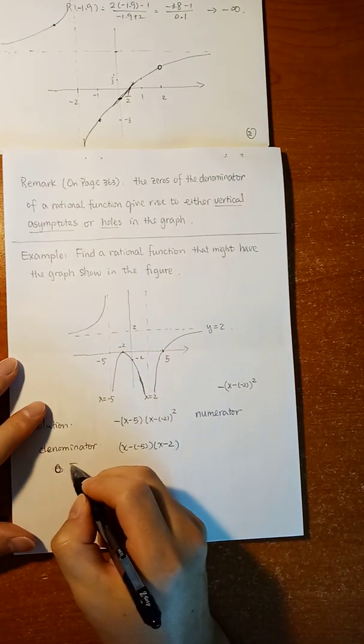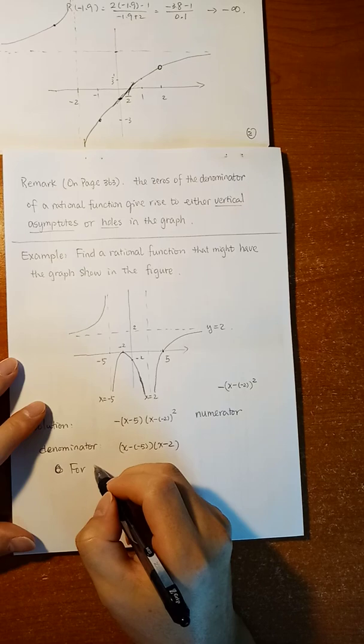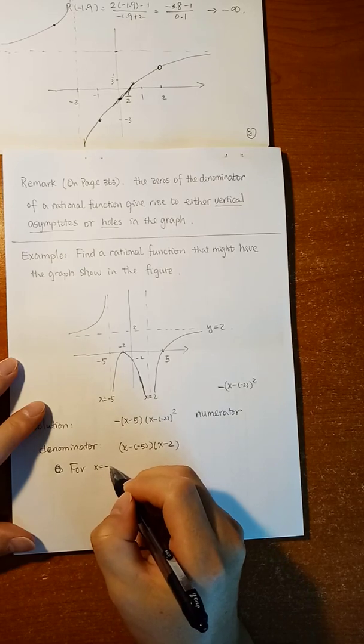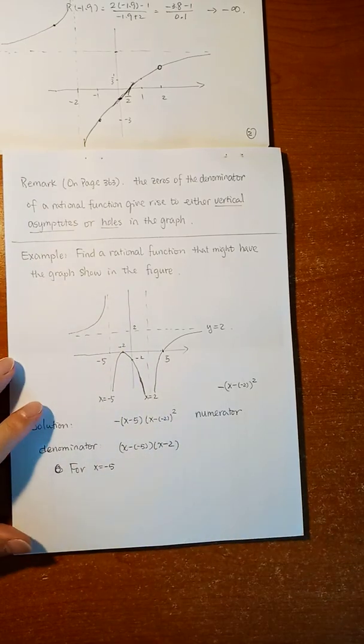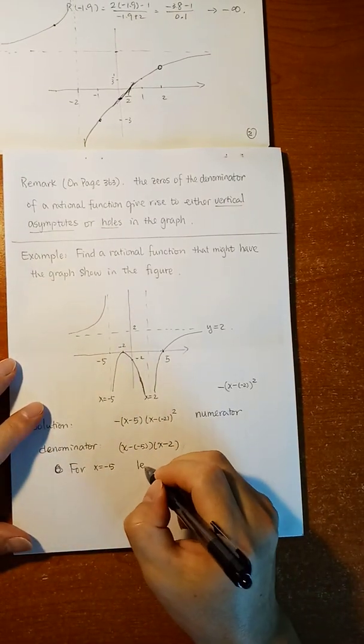For x close to -5, let's just put x equal to -5 on the left side.